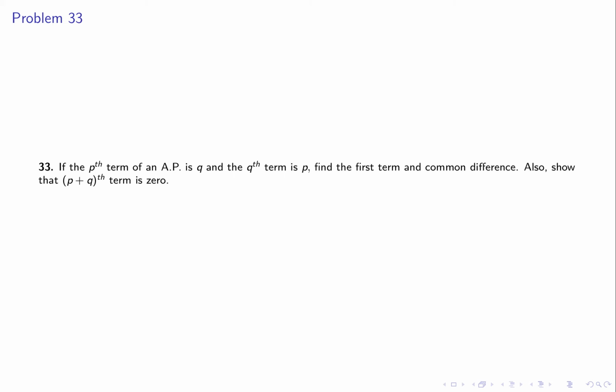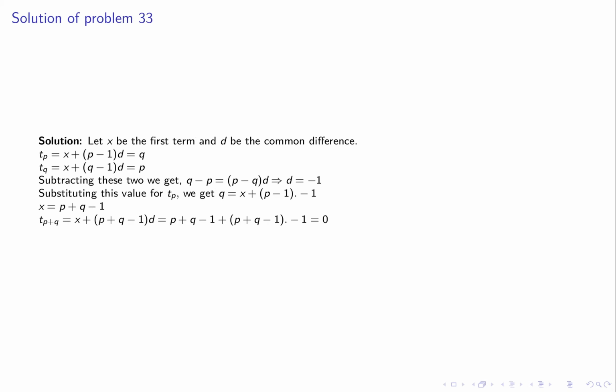The 33rd problem asks that if the pth term of an AP is q and the qth term is p, find the first term and common difference. Also show that the p plus qth term is 0. Here we assume x to be the first term and d to be the common difference. So the pth term is x plus p minus 1 into d equals q, and the qth term is x plus q minus 1 into d equals p.